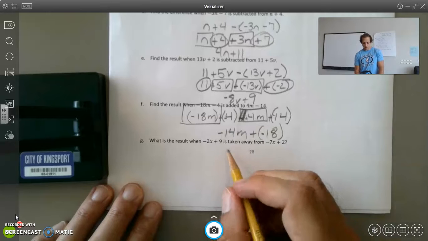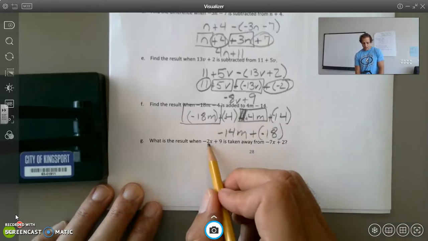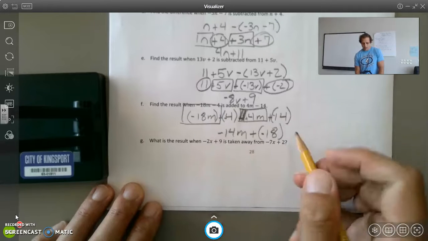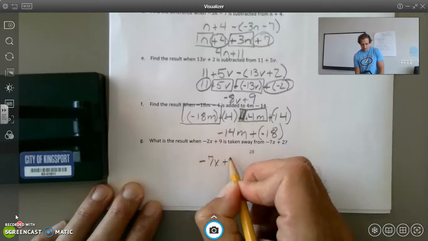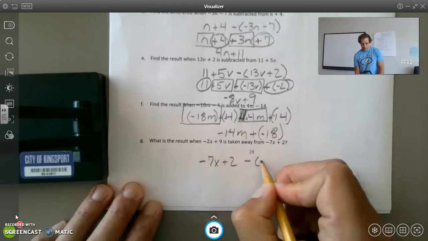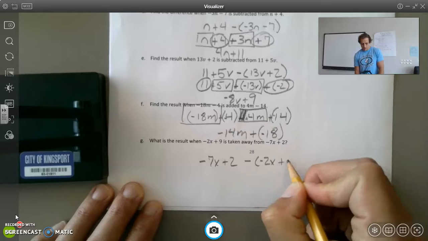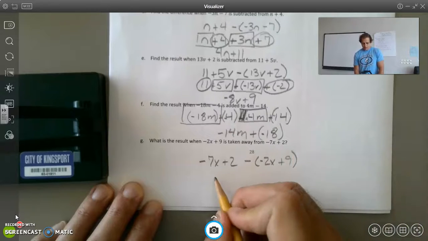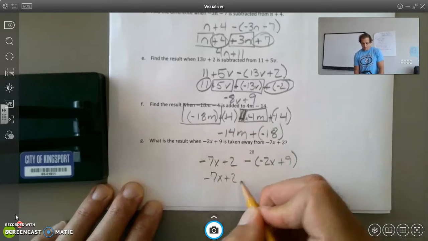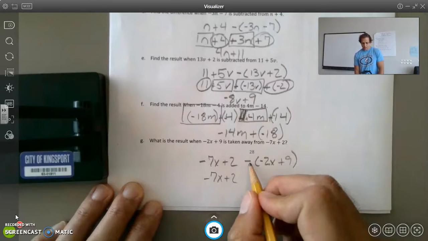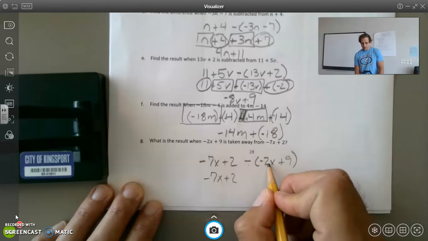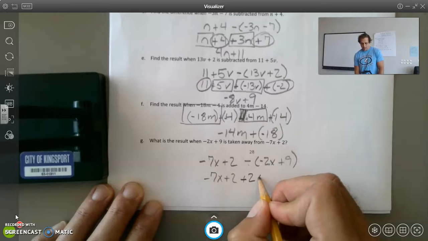The last one, what is the result when negative 2x plus 9 is taken away from negative 7x plus 2? So negative 7x plus 2 minus negative 2x plus 9. That would be negative 7x plus 2 plus the opposite of negative 2x, which is a positive 2x.